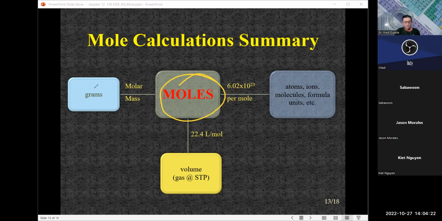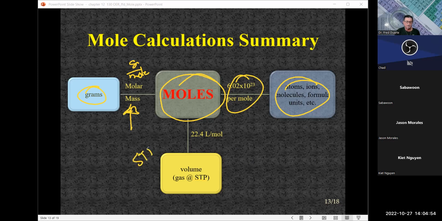And so if I start off with grams, I need the molar mass, which is in grams per mole, which then puts me into moles of whatever I'm given. Now, at this point, I can go one of two directions. If I'm being asked to figure out how many atoms or units or whatever, then I use Avogadro's number here to get me to that point. Or if I'm at STP, then I can actually calculate the volume.